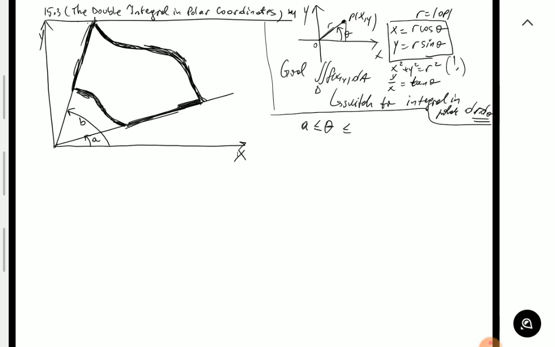So let's say theta is between A and B. A is the smaller angle, so take a look at the positive semi-axis, starting from the positive semi-axis to this boundary on this ray that emanates from the origin, and then all the way counterclockwise to the other boundary corresponding to theta equals B. So basically the whole domain is inside an angle. Those are the, from your perspective, let's say the left and right boundaries of the domain.